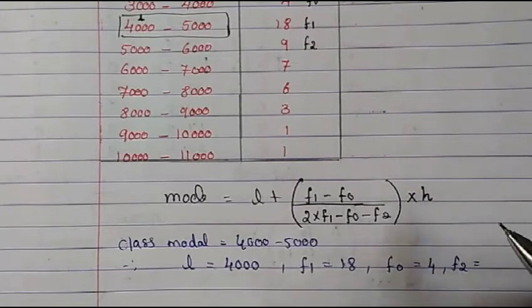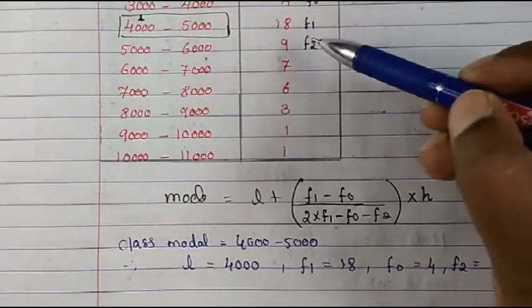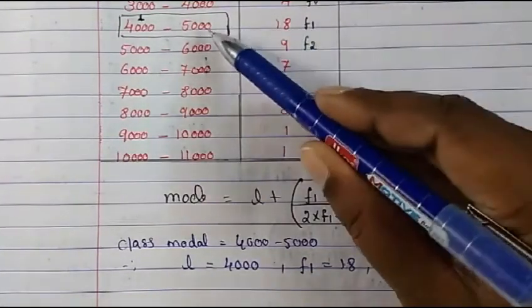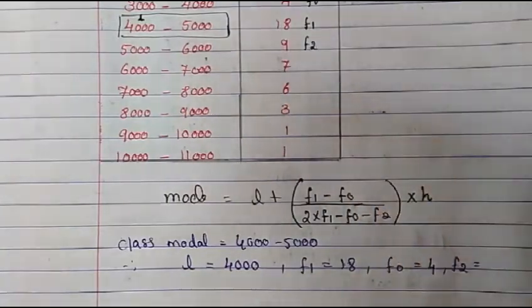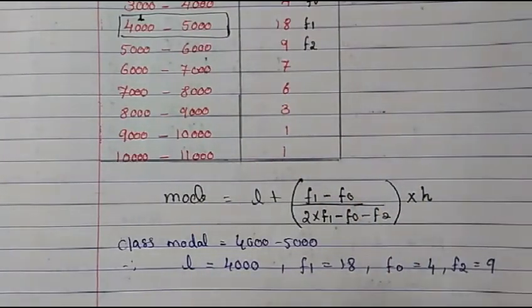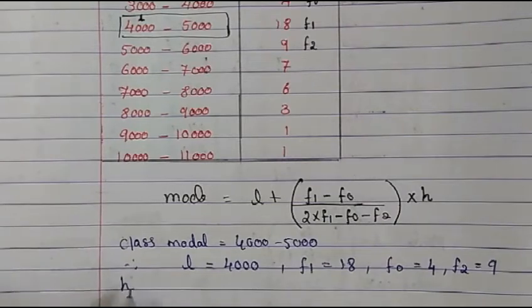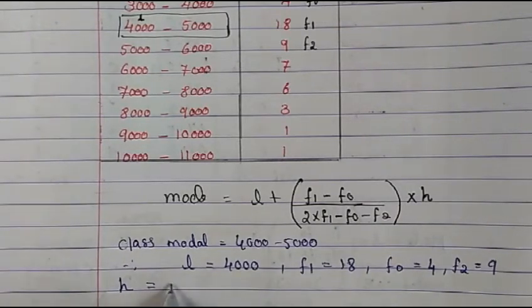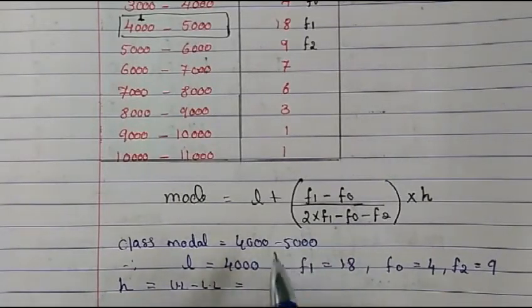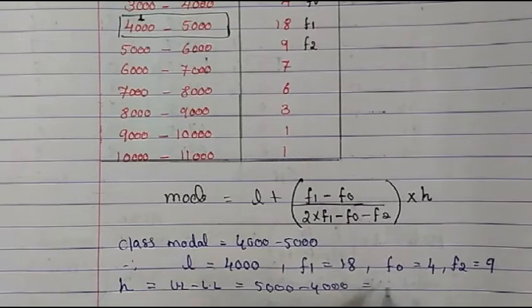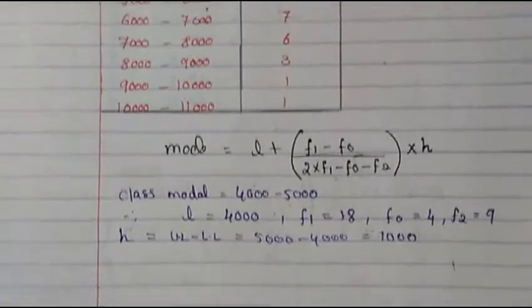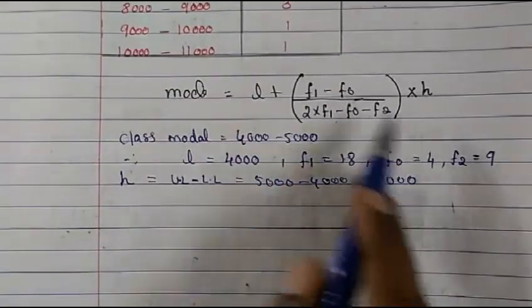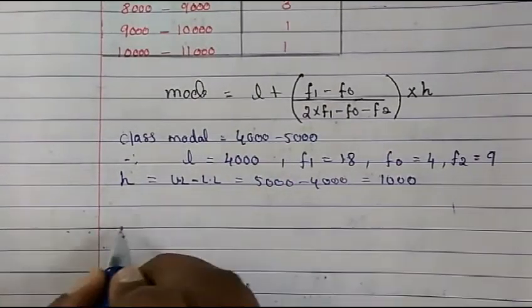F2 is succeeding the highest frequency of the modal class, that is 9. Then H is class interval, that is upper limit minus lower limit. So 5000 minus 4000 will give us 1000. So this is H value. So all the values are written here. Just put all the values here and solve it.